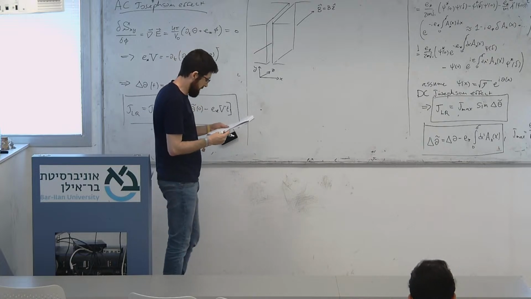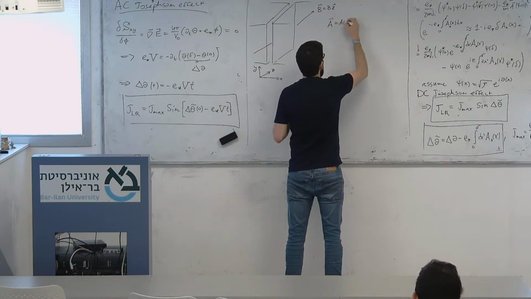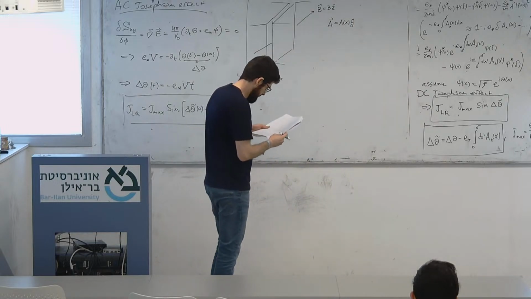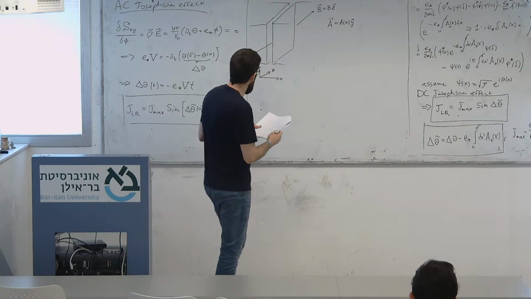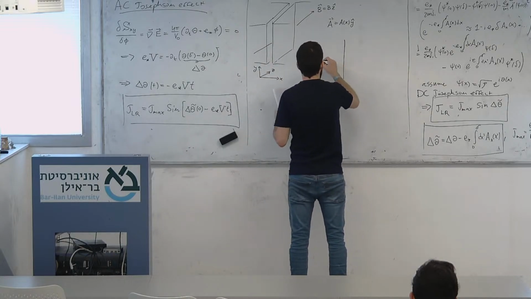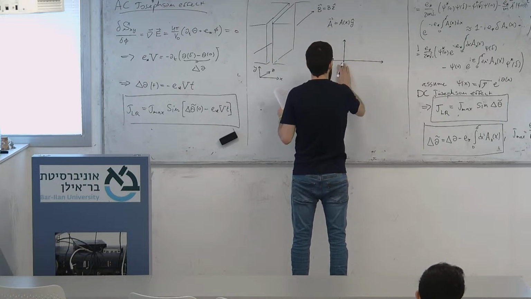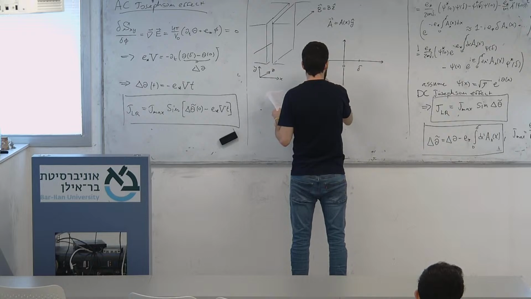And then we're going to have A be some A of X in the Y direction. So we can make a drawing like this of what we expect. So here we have, say, 0, here we have delta, and then A is doing something like this.